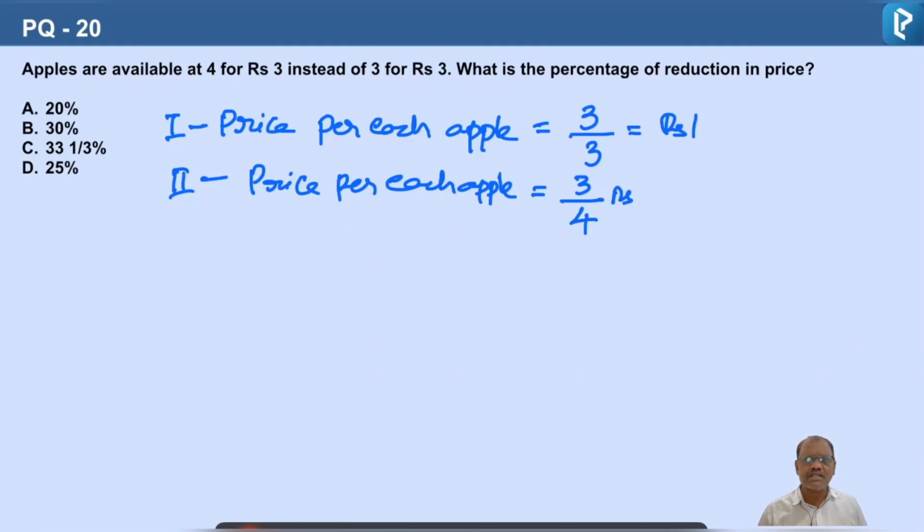So he is asking what is the percentage of reduction in price. So how much is it reduced? 1 minus 3 by 4, which is equivalent to 1 by 4. So 1 by 4 as a fraction, its equivalent percentage is 25%. So there is a reduction of 25% in the price of each apple. Option D is the right answer.